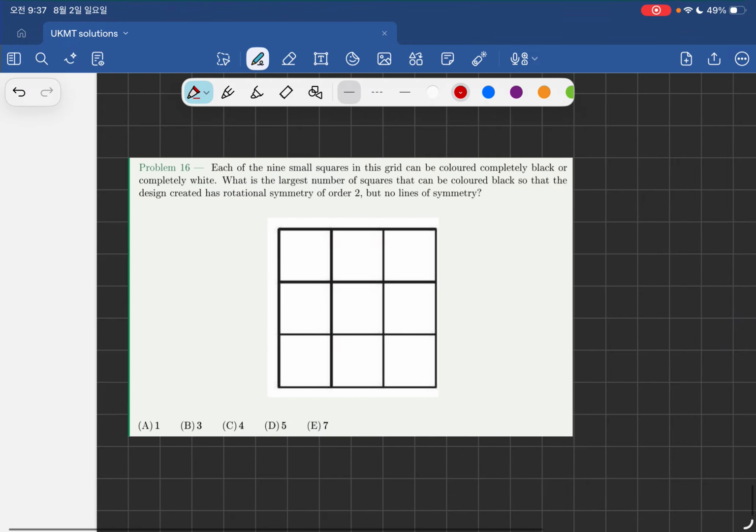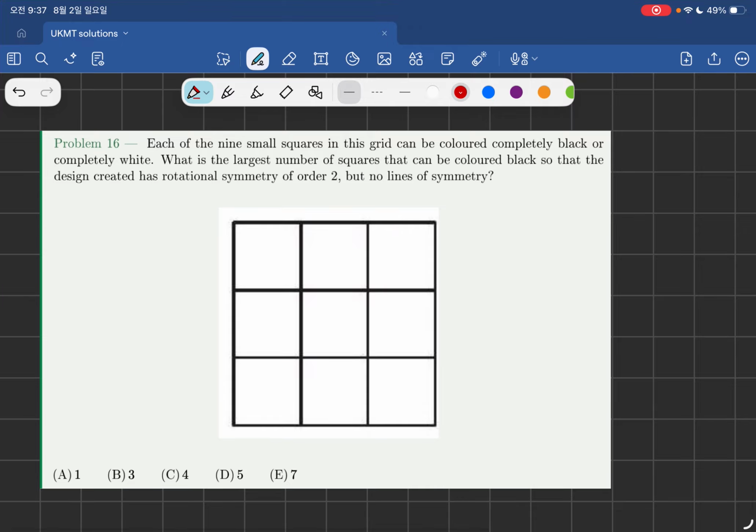Problem 16. Each of the 9 small squares in this grid can be colored completely black or completely white. What is the largest number of squares that can be colored black so that the design created has rotational symmetry of order 2, but no lines of symmetry? Now, here, the center square does not affect the symmetries of the design, so we can just color the center circle in any case.